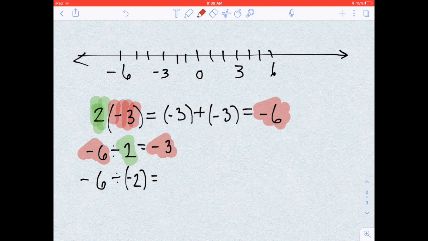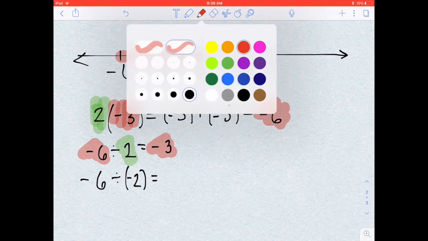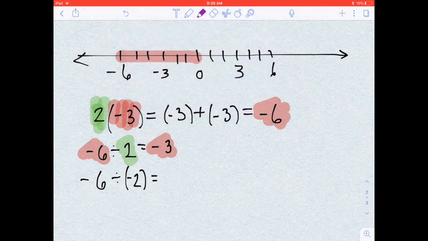Well, negative 6 would be this whole section, and if I divide it by 2, we said that was that to that, right? Well, then I have to add that negative. Remember when we do negative, it's really like saying the opposite. So it's like saying the opposite of this much.